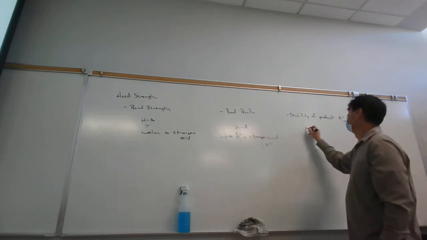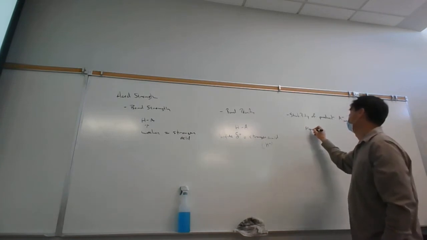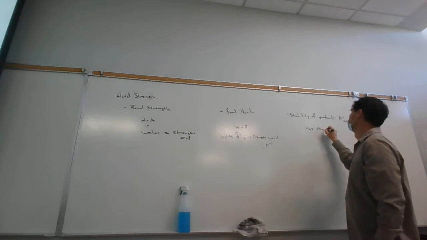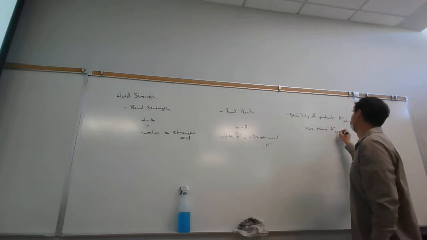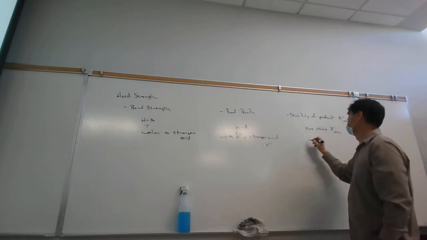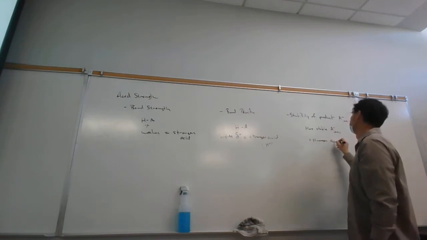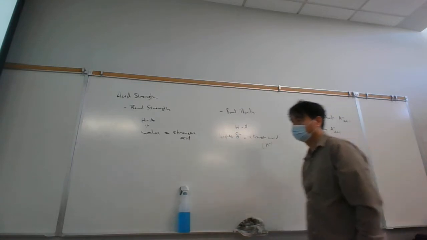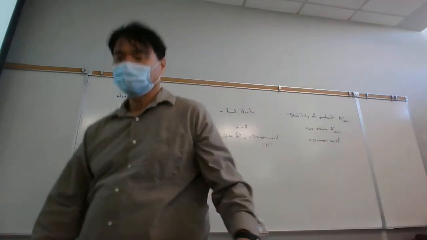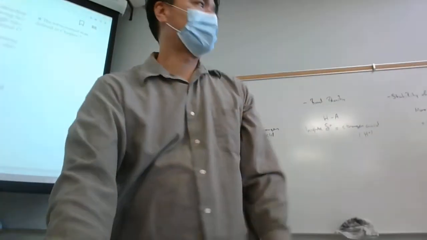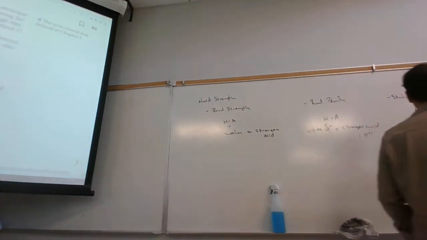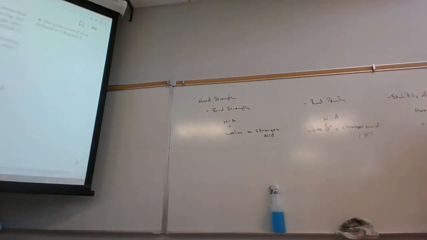And so the more stable A minus aqueous is, the stronger the acid. And so this last point can be summarized like this. The stronger the acid, the weaker its conjugate base. And so this would be the conjugate base of the acid.